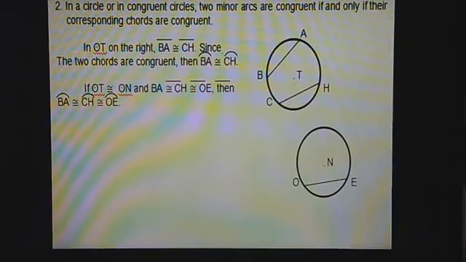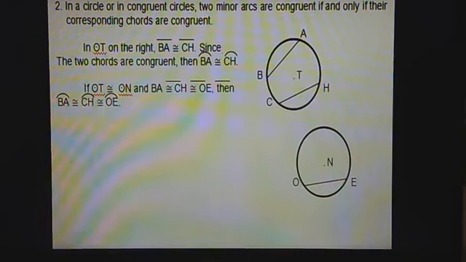Next, number 2. In a circle or in congruent circles, two minor arcs are congruent if and only if their corresponding chords are congruent. So we have circle T. Line segment PA is congruent to line segment CH. Since the two chords are congruent, then we can say that their corresponding arcs are also congruent.